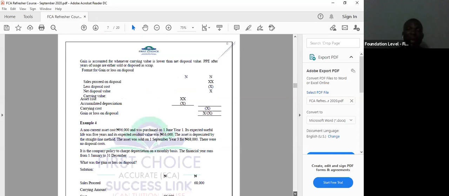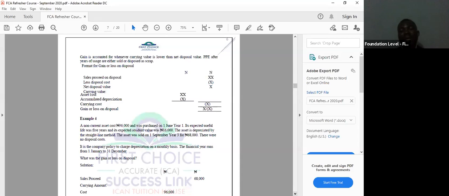The next one that we need to know as regards the final adjustments on financial statements, when it comes to assets, is what we call gain or loss on assets. There are scenarios that involve us disposing of an asset. When an asset is no longer useful, we let it go.